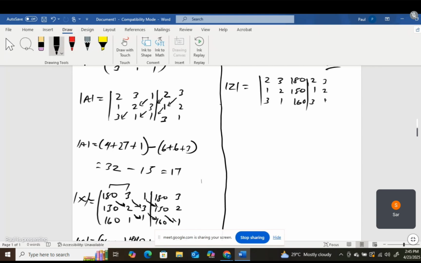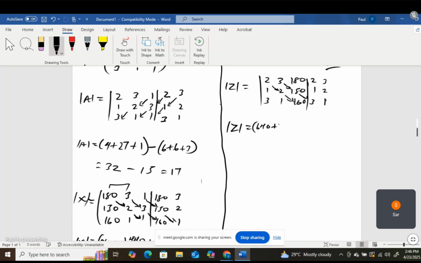So the determinant becomes 2 times 2 times 160, which is 640. The second one becomes 3 times 150 times 3, so 150 times 3 is 450, times another 3.